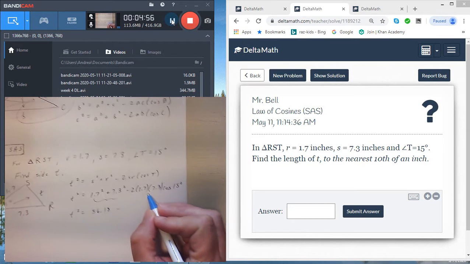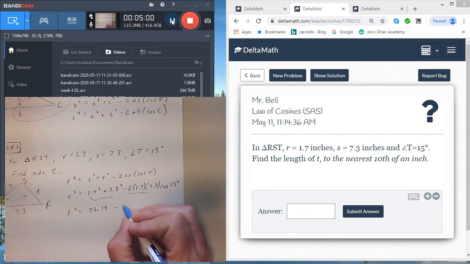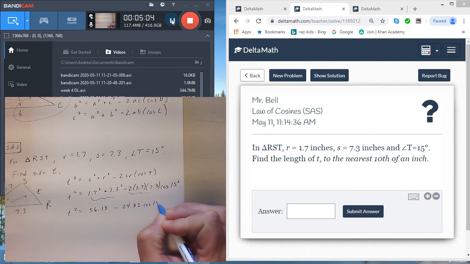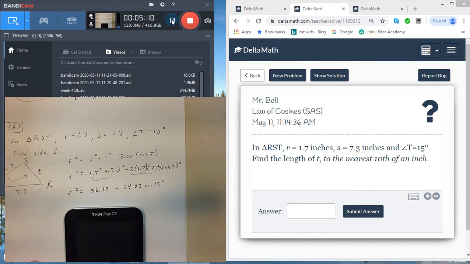Let's clean up this product of three numbers. When I multiply those three together, we get 24.82. I'm not going to do anything fancy here. I'm just going to punch the rest of this in the calculator.